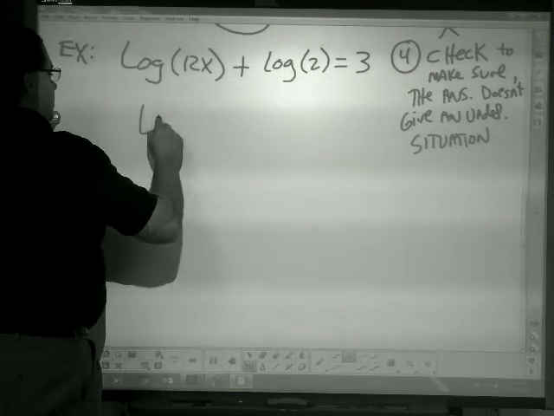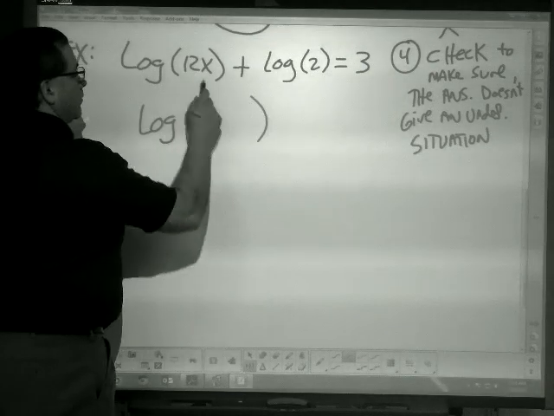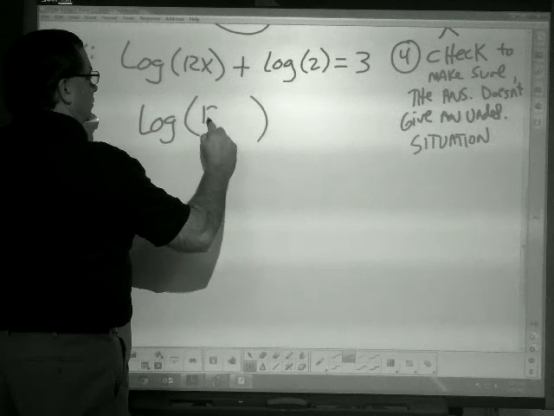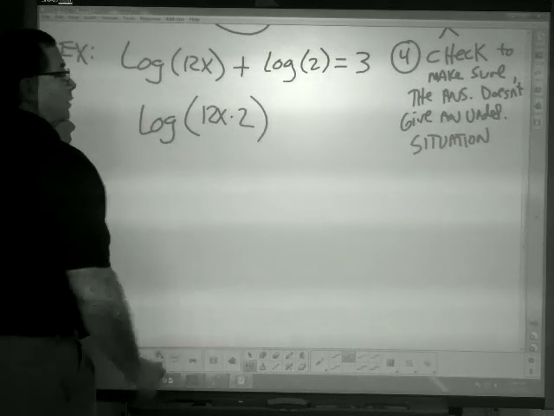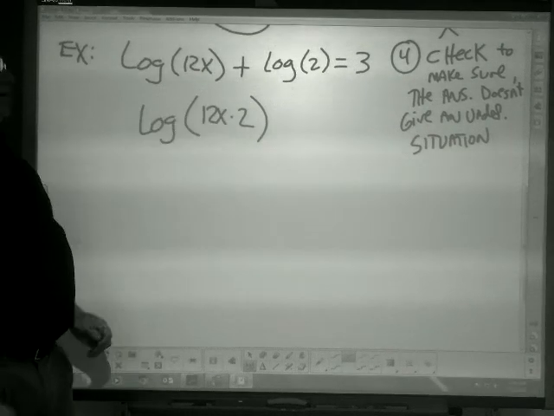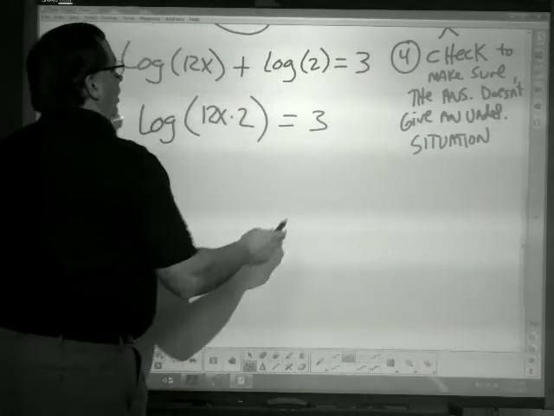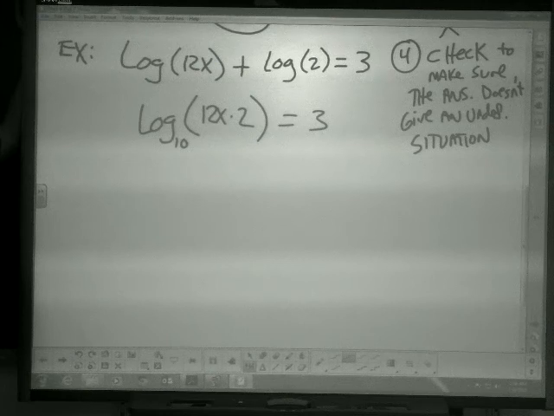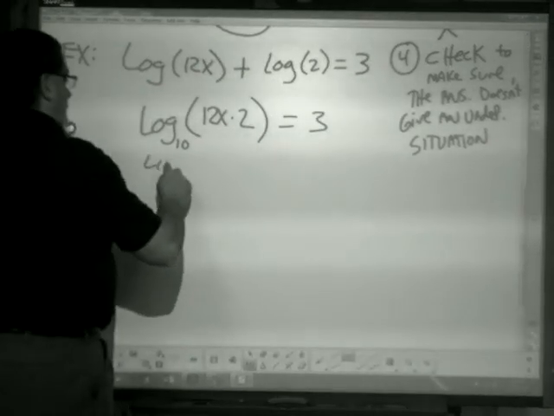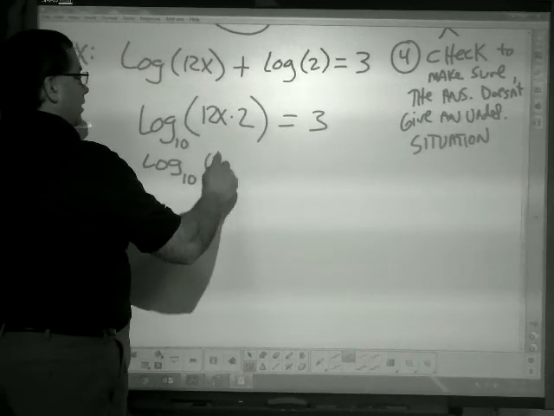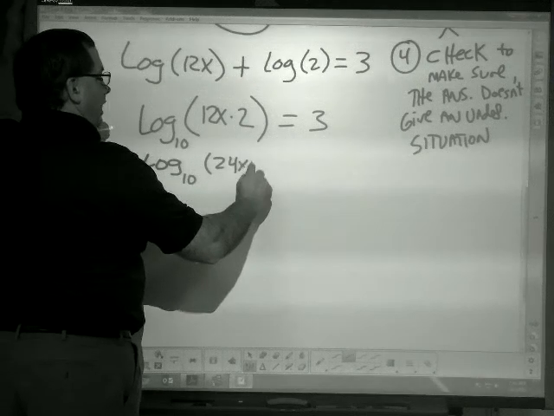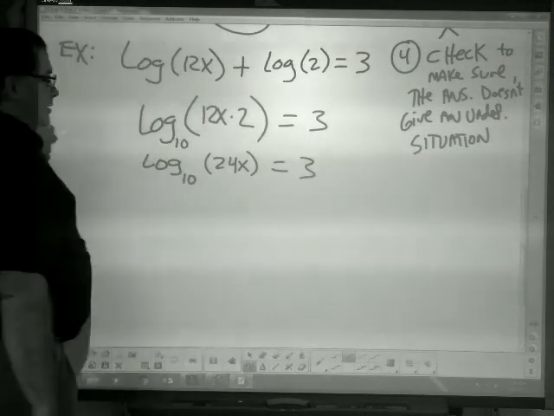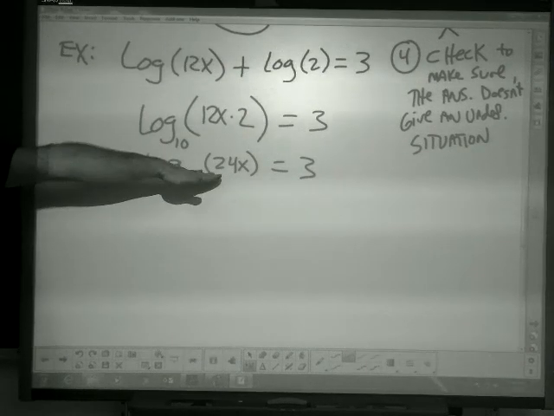So I'm going to rewrite this as the log of 12x times 2, because plus turned back into multiplication. The base that I don't see is 10. I'll write that in. So then I have the log of base 10, 12 times 2 is 24x. All right, so step 1, done.